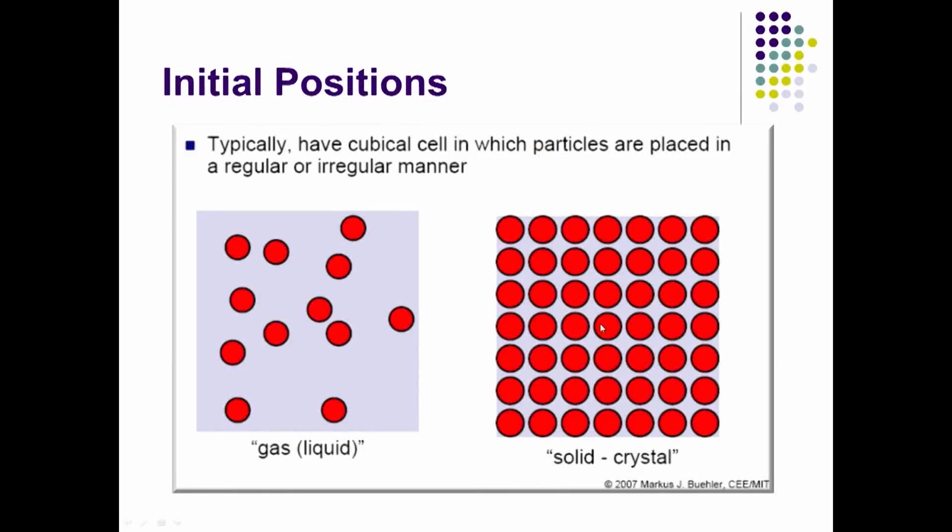Typically initial positions are the crystalline state that we looked at earlier, or we could also have a random state, where we have to be careful because we must not put one particle on top of the other. A very important step is to put them in a regular lattice structure, which is very well known for crystals, and that allows us to really understand the initial positions.